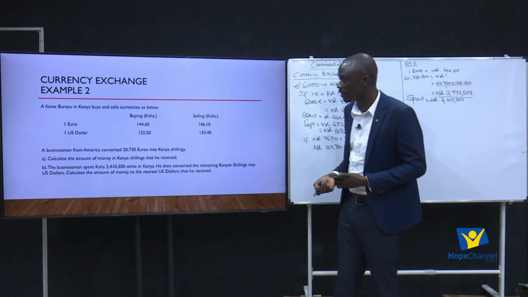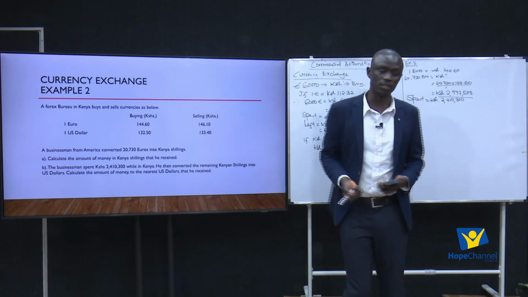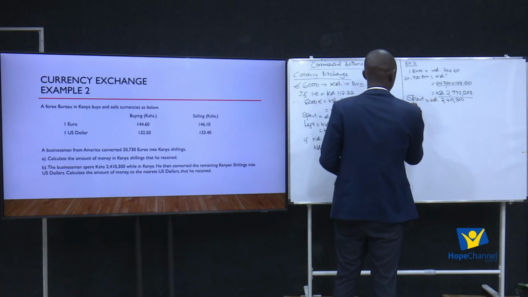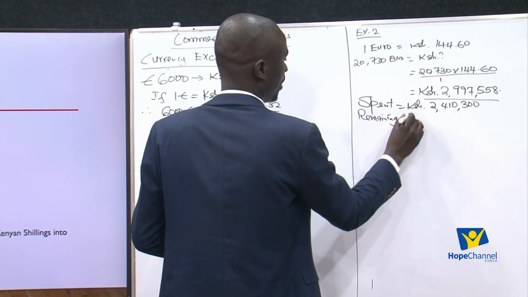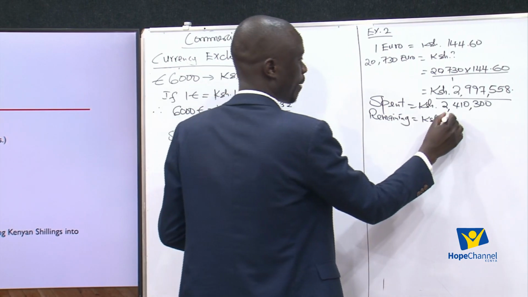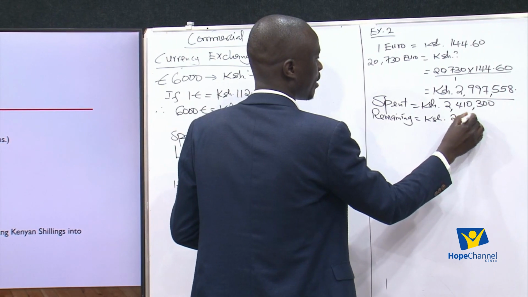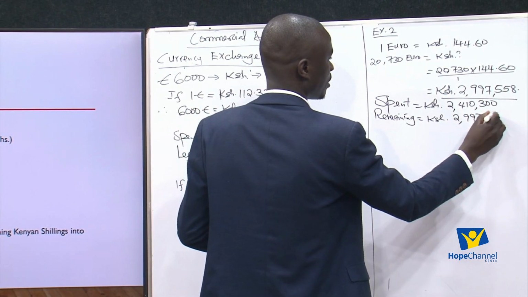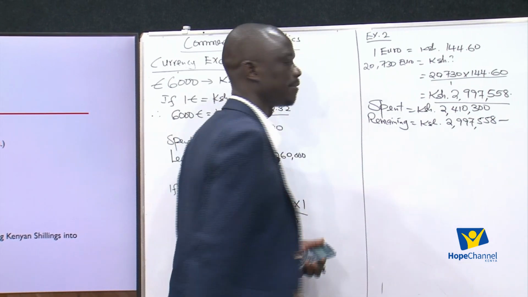Okay. He then converted the remaining. So let's look at what is remaining because he spent this one. The original amount that he had in Kenya shillings was 2,997,558.